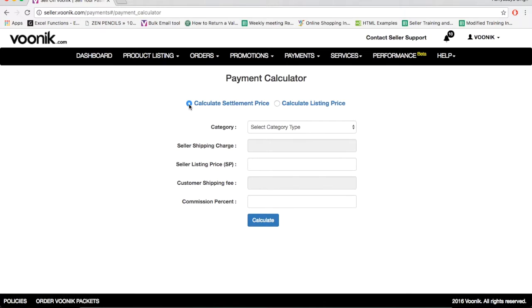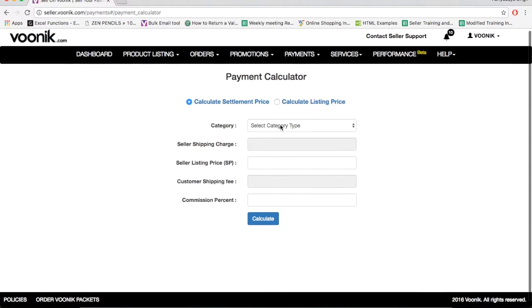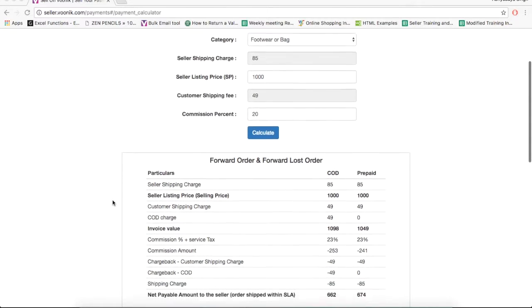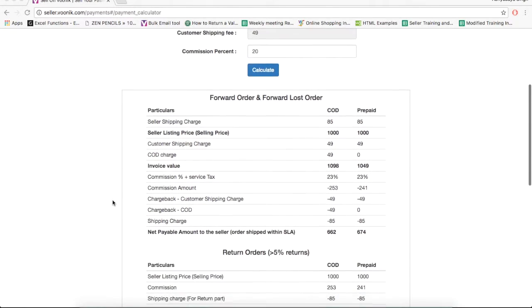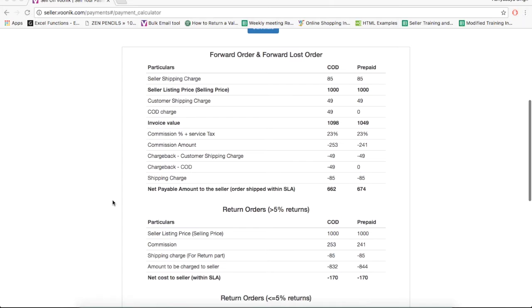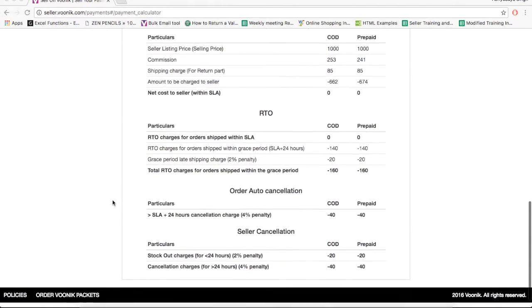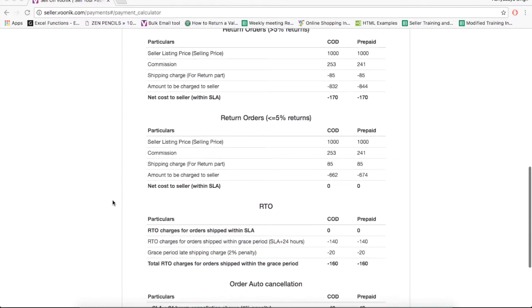To calculate settlement price, select the category that you're dealing in. Next, type in the selling price of product and the commission percentage. Next, click on Calculate. You can now see expected payout values in various scenarios, such as in case of shipments that are delivered, lost, customer returned, returned to origin, and in case of cancellations.